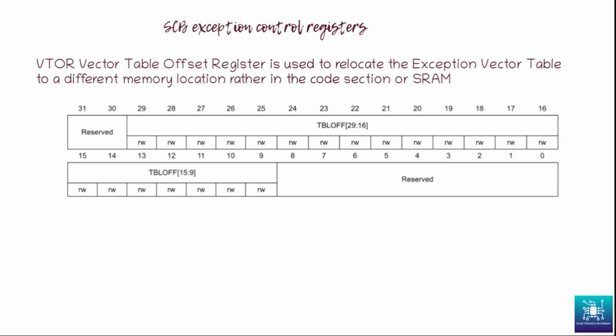But if you want to relocate the exception vector table somewhere else, then you can use this particular register to have that address entered in this field from bit 9 to 29, and of course it has to be aligned to the size of the table. Lowest is 128 bits, and you can move your exception vector table to a different location in the memory.